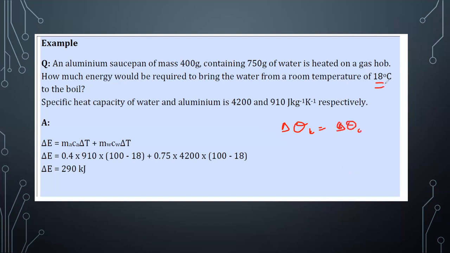As you can see, this is 18 degree and the boiling temperature is 100. So 18 degree when we convert into Kelvin, 18 plus 273, that will be 291.